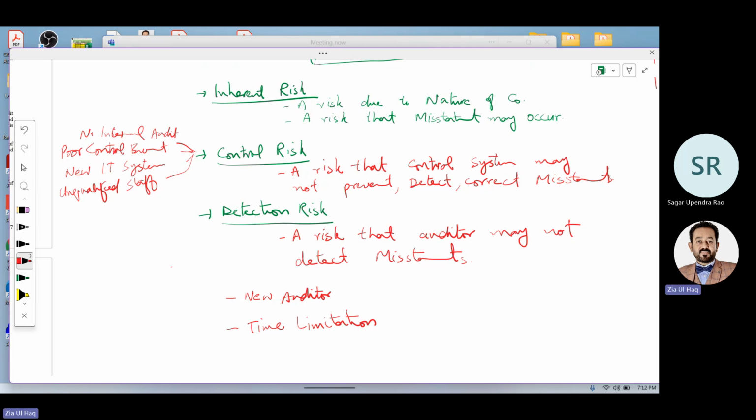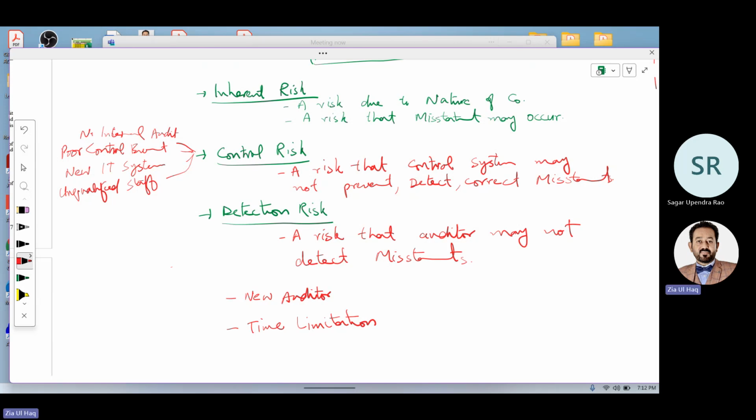Any limitation imposed by the client management, like time limitation. Detection risk is due to the auditor. And out of inherent, control, detection risk, what risk is in control of the auditor? Detection risk. The other risks are not in control of the auditor. They are due to the company system, due to company nature. Auditor is new.